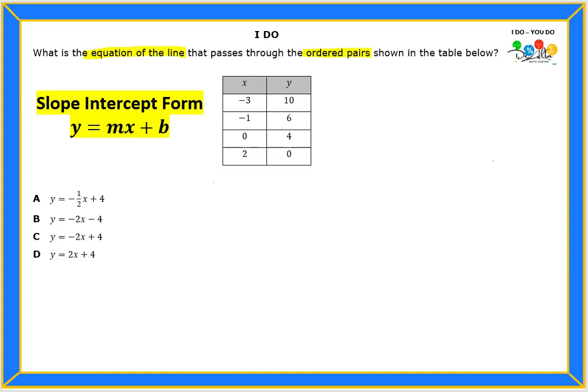So in order for me to find the m, remember we said m is slope. Of course, I'm not going to do rise over run because I don't have a graph. So I can use a formula, or I can also do change of the y over change of the x.